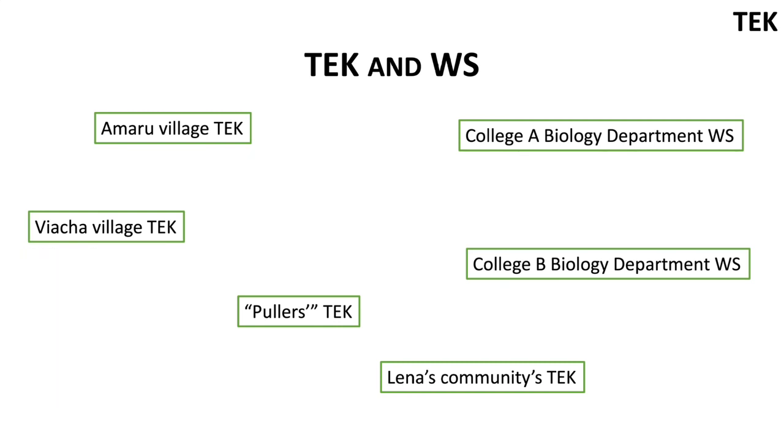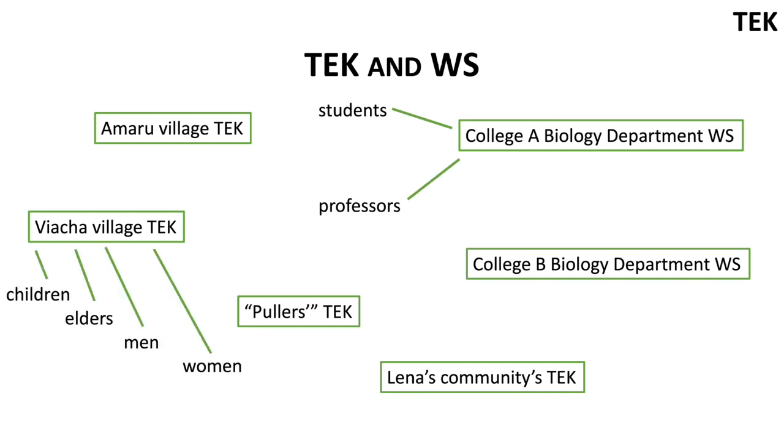And then, looking even deeper, knowledge varies among members within each community as well. So not only is there variation in TEK and Western science among communities, but within communities too. Like, for example, students versus professors, and children versus elders, men versus women in a village.